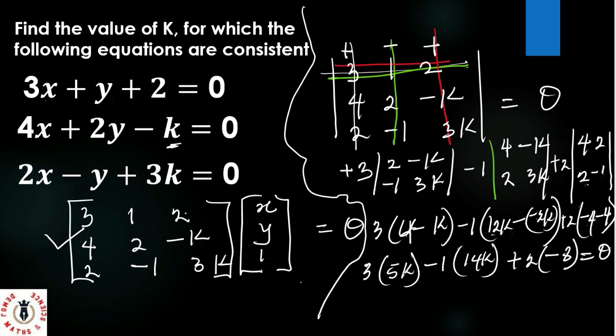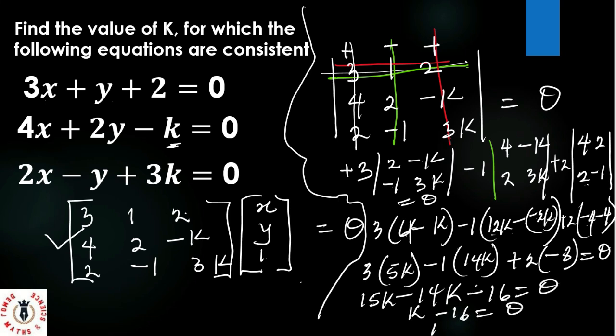For it to be consistent, the determinant must be equal to 0. So that's 3 times 5, that's 15k, minus 14k, minus 16 is equal to 0. So that k minus 16 is equal to 0. Obviously, my k will be equal to 16.